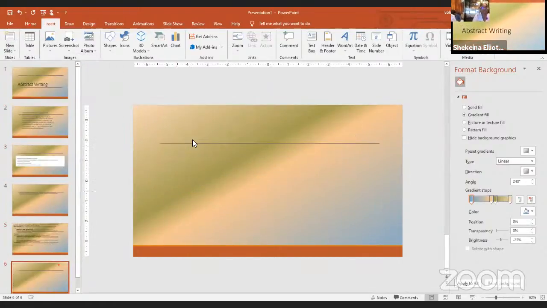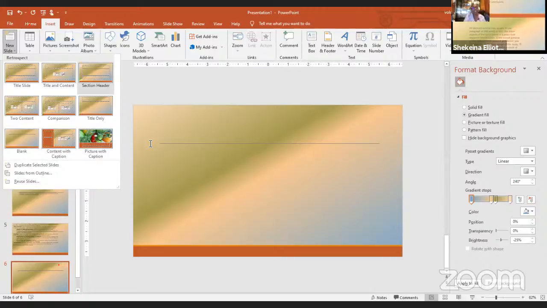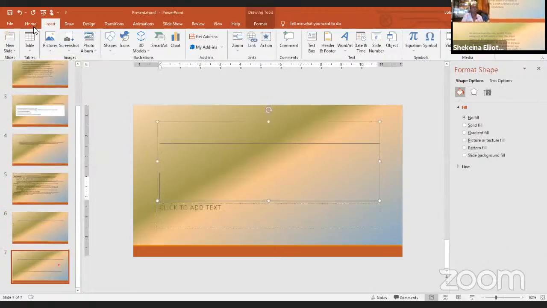So at the bottom of it, you need to include keywords. And this is written in italics, so they're italicized.